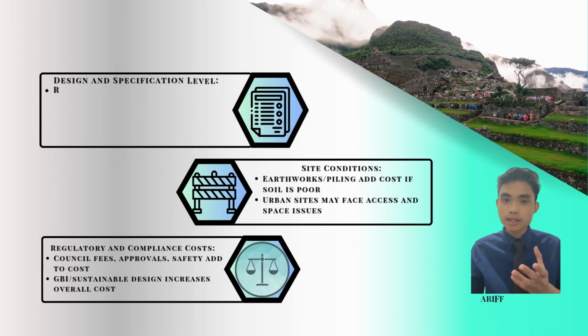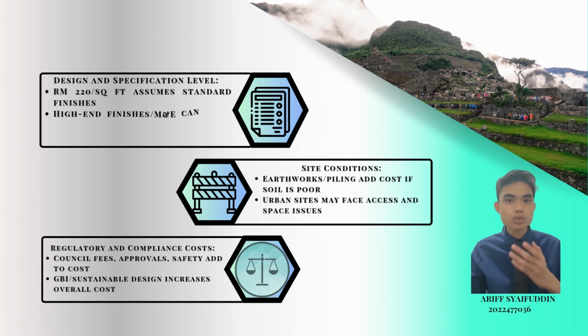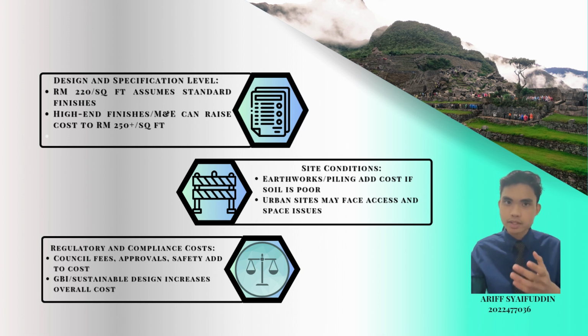Fourthly is design and specification level. The RM220 per square foot rate assumes standard finishes and materials. If high-end finishes or additional M&E systems, such as air conditioning in every room and a security system, are required, the cost per square foot could increase to RM250 or more.